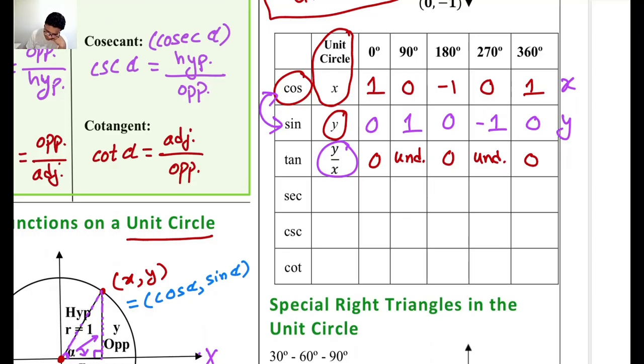How will you do it? Secant is the reciprocal of cos. 1 over x. So the reciprocal of 1 is 1, reciprocal of 0 is undefined, reciprocal of -1 is -1, reciprocal of 0 is undefined, reciprocal of 1 is 1.